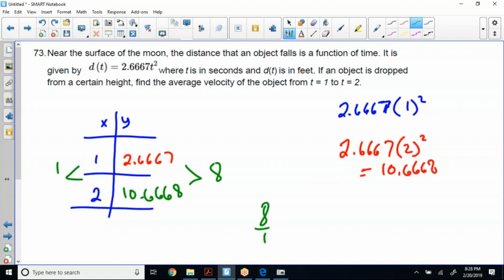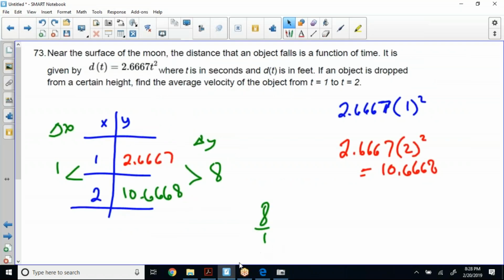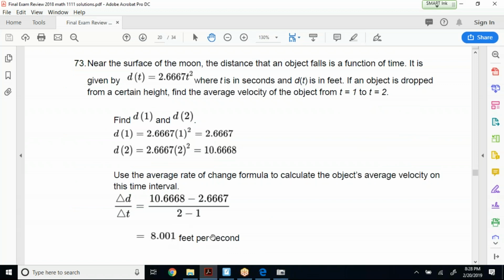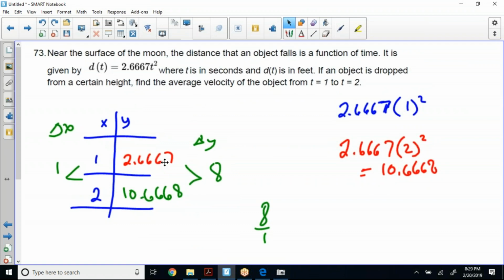So 8 over 1. It's change in y over change in x, right? It comes out to 8.001 feet per second. Because this is 2.667 and 10.6668, I just said 2 to 10 is 8, and 8 over 1, boom, done.